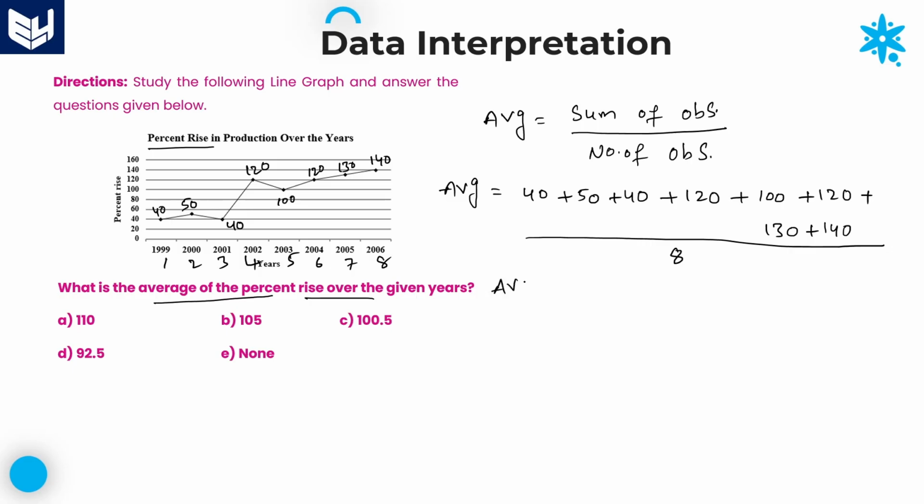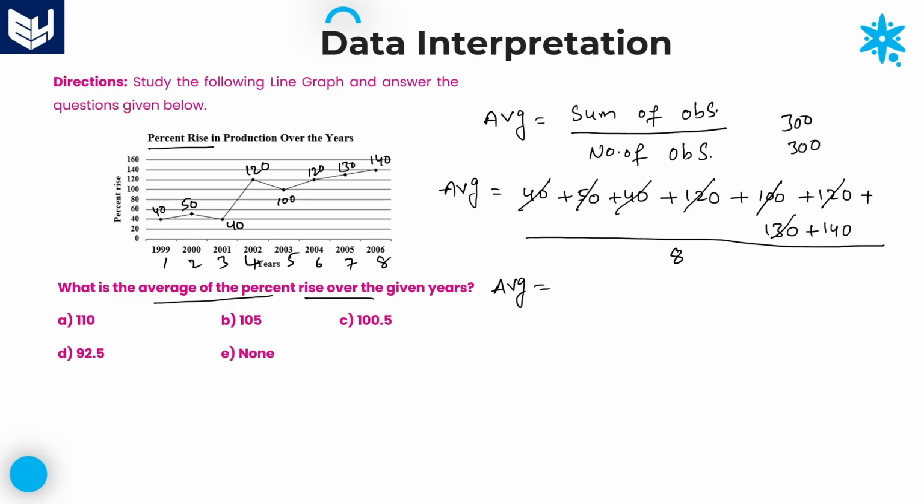Now add all the values in the numerator first. Here 120 plus 40 is 160. 160 plus 40 is 200. 200 plus 100 is 300. So as of now we got 300. Next, 120 plus 130 is 250. 250 plus 50 is 300 again.